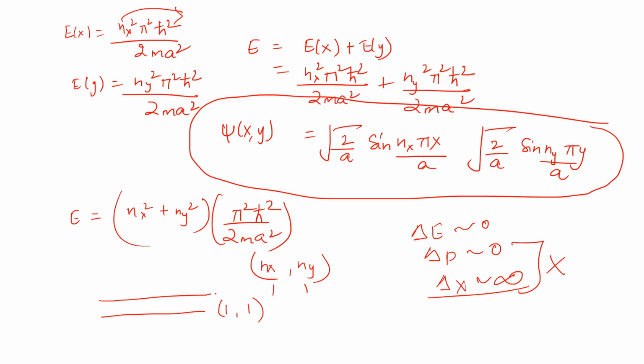Now coming to the second state, nx equals 1, ny equals 2. But I can also write it as nx equals 2 and ny equals 1. This means there is a degeneracy for this level. What do we mean by degeneracy? Degeneracy means a group of states having the same energy value. We can see that if you put nx equals 1, ny equals 2, you will get the same energy as nx equals 2, ny equals 1.